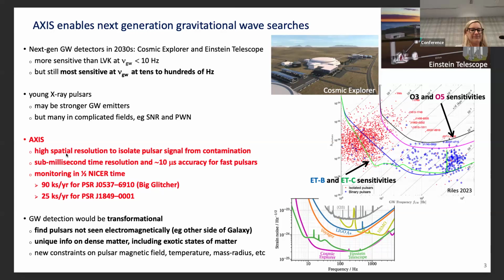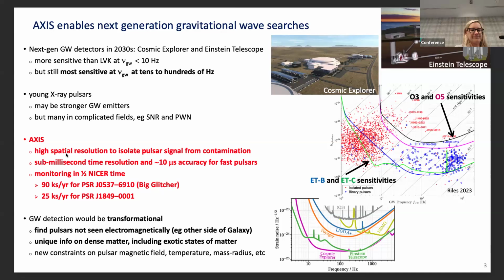What you also need, which I would advocate for, is that if you want the fast ones, you need sub-millisecond time resolution, and absolute time accuracy on the order of 10 microseconds. Obviously, even better time resolution and accuracy would be even better, but that's what you would need.